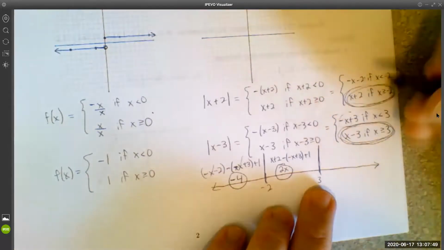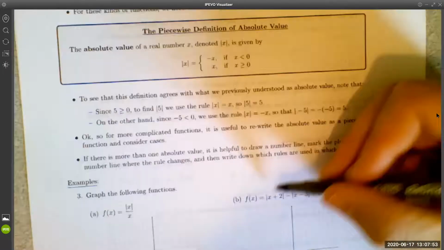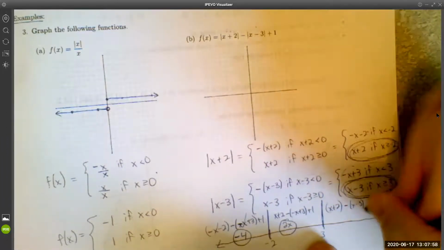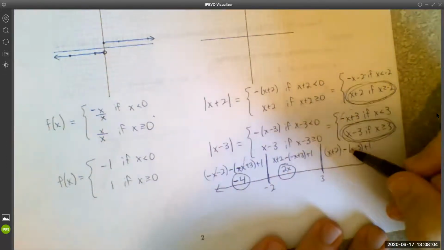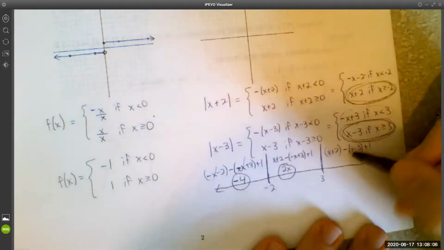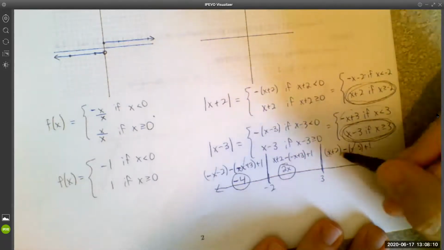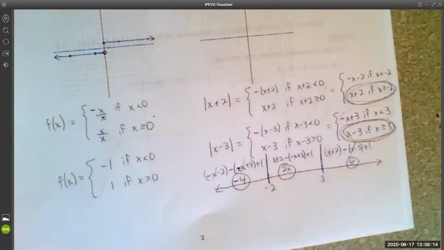So f of x is going to be x plus 2 minus x minus 3 plus 1. So let's simplify that. X minus x is 0, right? The x's cancel. 2 minus negative 3, that's 2 plus 3, which is 5, and 5 plus 1 is 6. So in this region, f of x is 6.